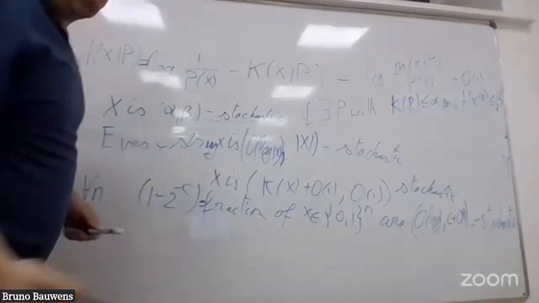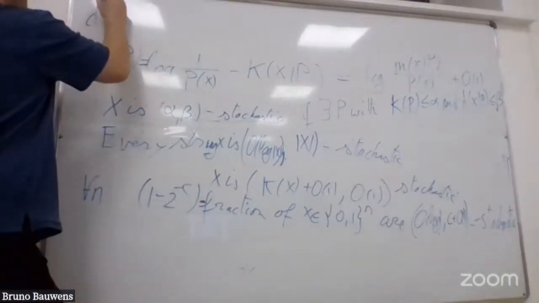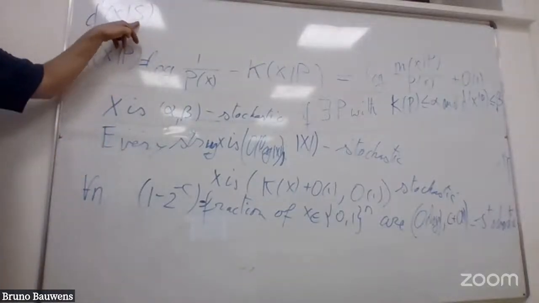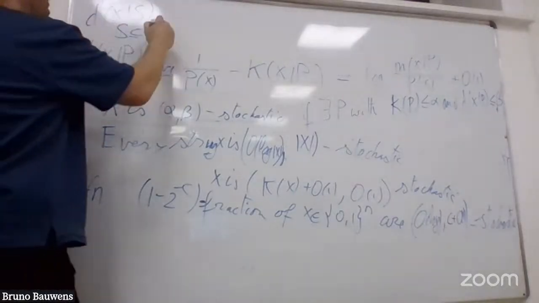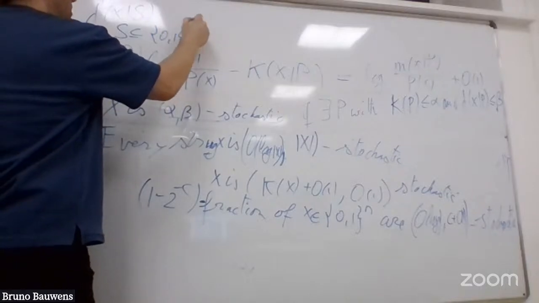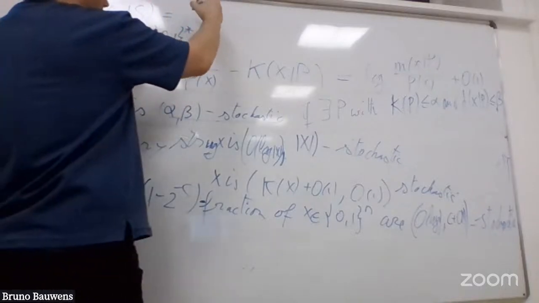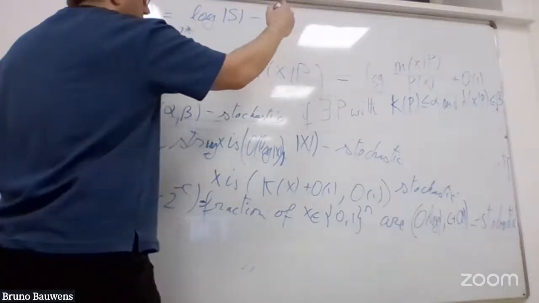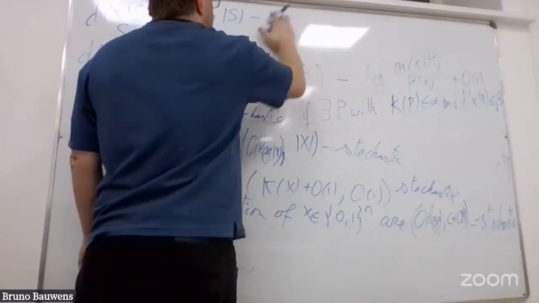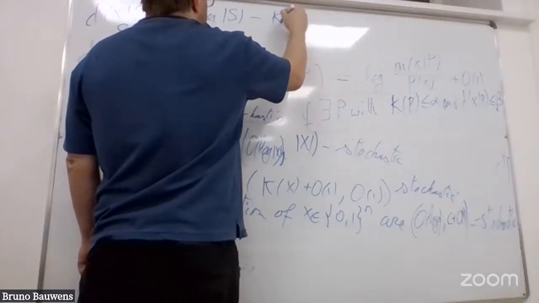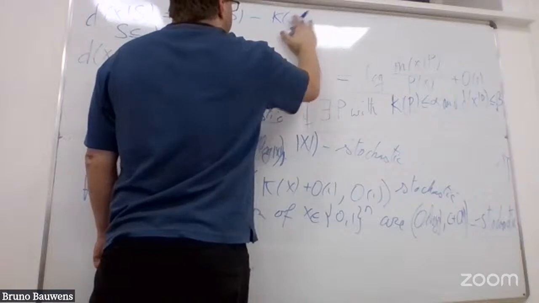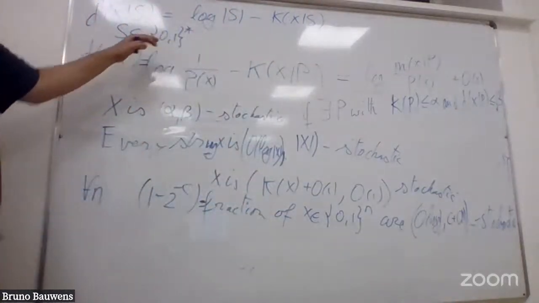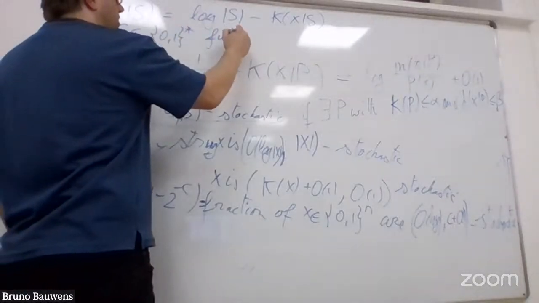Let's call it D prime of x given S. Here S is a set of strings, any set of strings, and it's equal to the logarithm of the size of S minus the complexity of x given S. The set S must be finite.